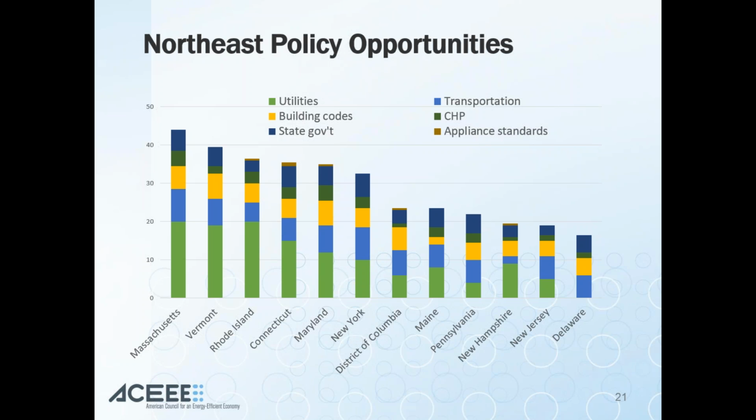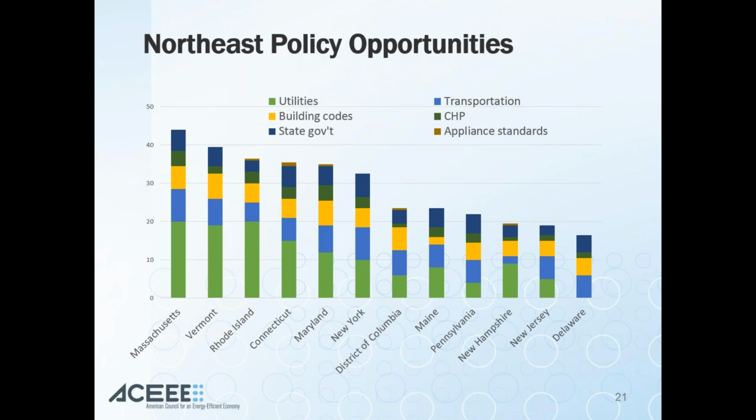New York, of course, many of you on the phone are probably aware of the upheaval going on in the utility sector there through their REV process, where they are taking a close look at the ways that utilities serve their customers and the ways that they might serve their customers in the future. And what that will mean for efficiency, I would say, in the long term is still to be seen.